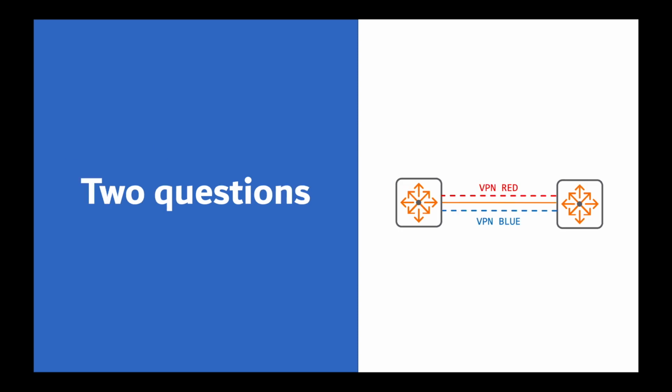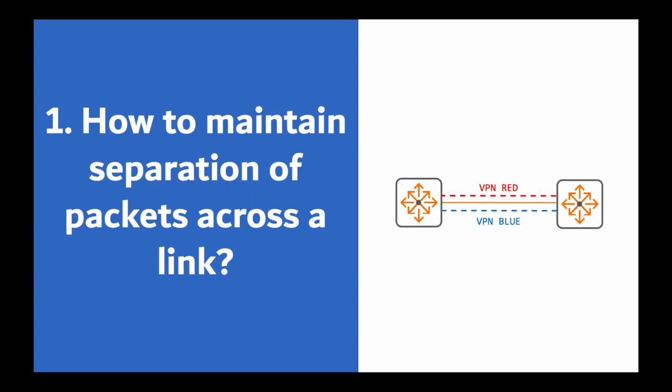This raises two questions. Firstly, how do we maintain separation of packets across a link? If our configuration for our VRFs is only locally significant, how do we add some kind of state or tag to our packets to say they originated from VRF red rather than VRF blue? How do we keep the traffic separate?